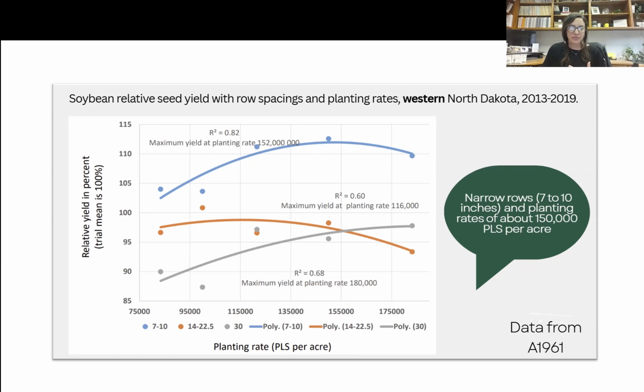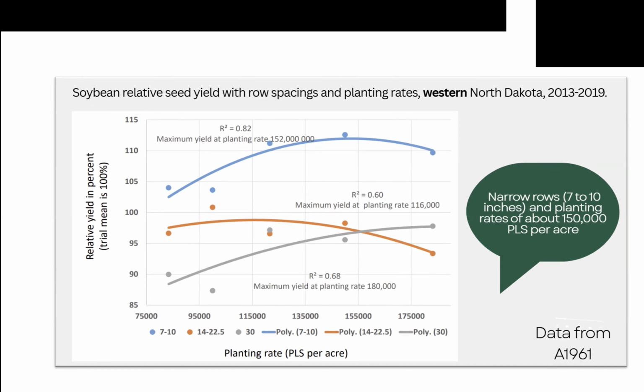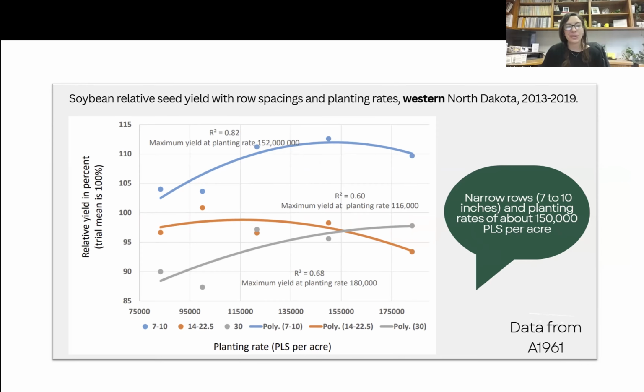And the planting rate that is the key point to maximize your yields is 150,000 plants per acre. This information is all published in publication A1961.